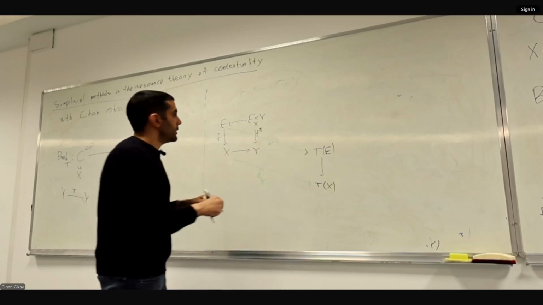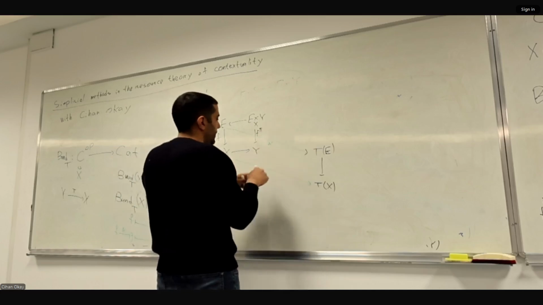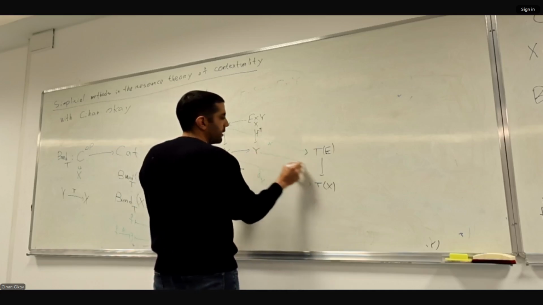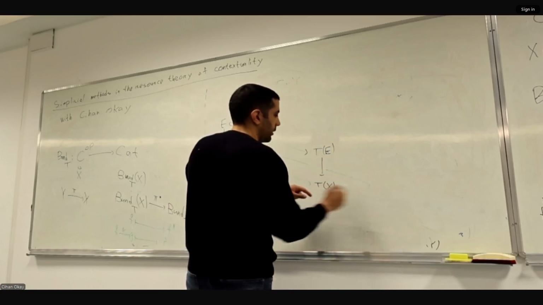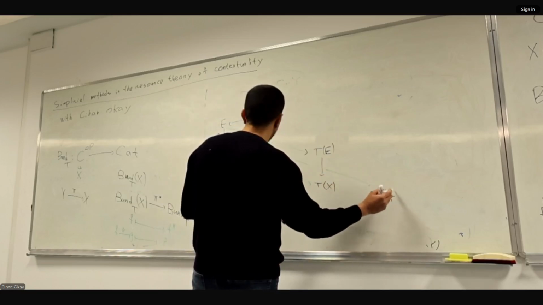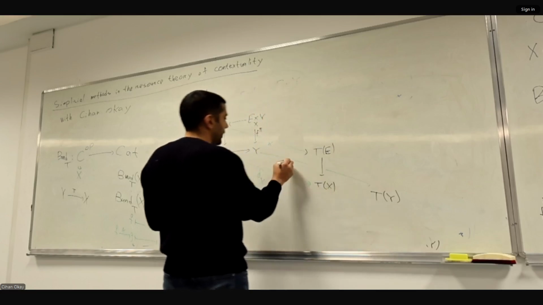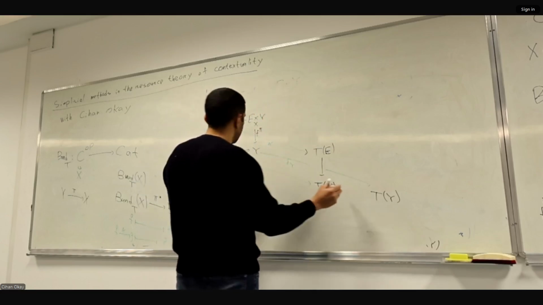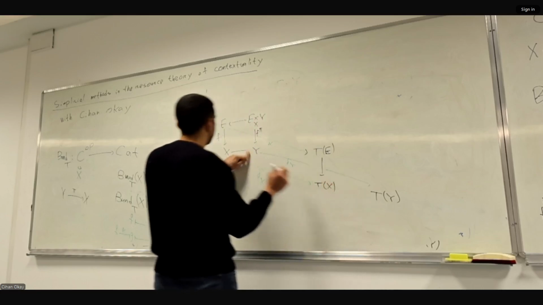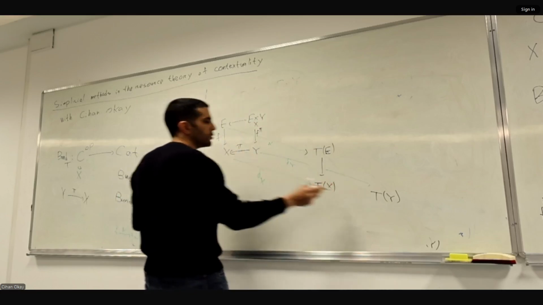So let's do this, and here we can take t y to be also again delta y, and this one, from here to here, sorry, this is pi, so this is t pi.